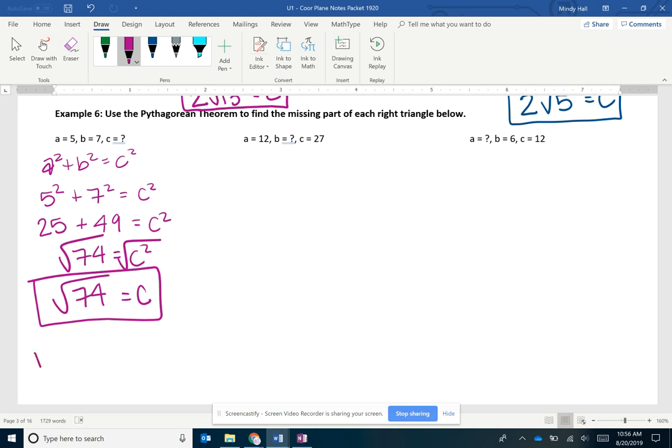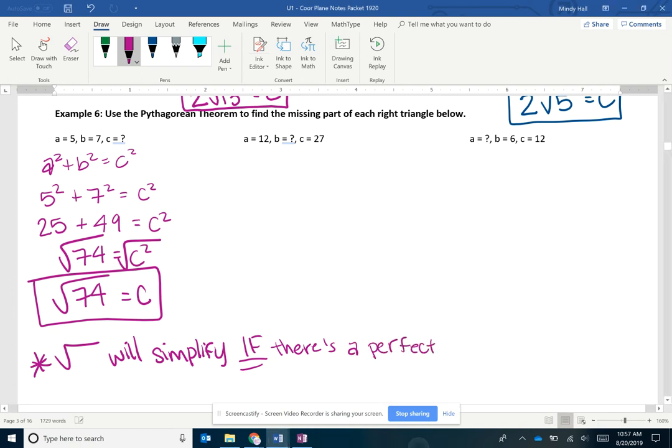And to check to see if it can simplify, radicals will simplify if there's a perfect square inside, or as a multiple.